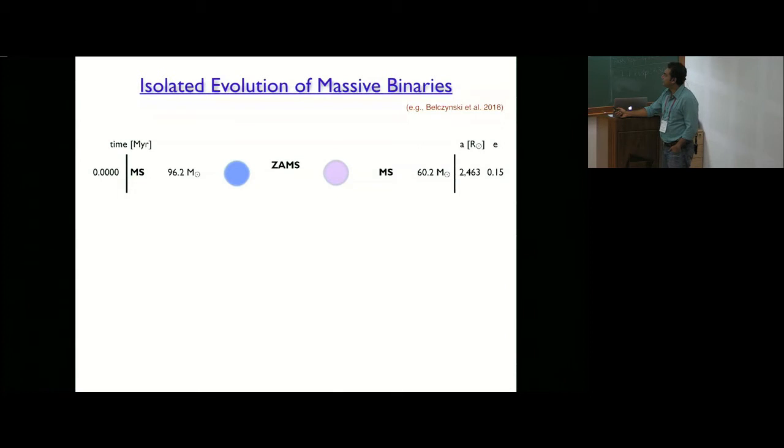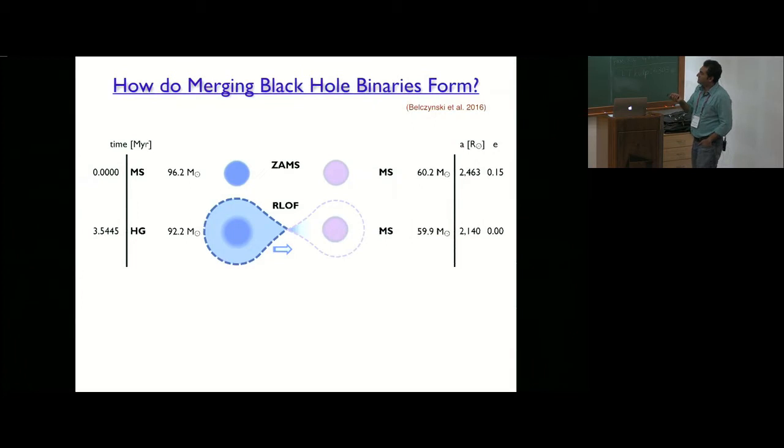And then this one is showing you the separation between the two stars. Okay? So he's saying that it needs to be at least a few thousand times the solar radius. This is because both these stars are pretty big. They are tidally active if they come very close to each other. And then one of the stars becomes a giant and starts Roche lobe overflow.